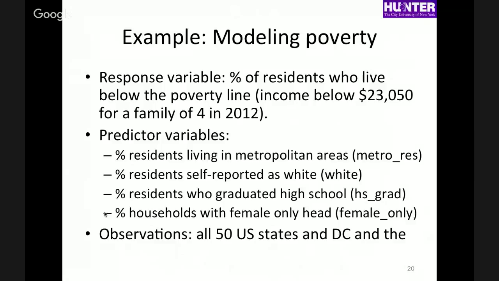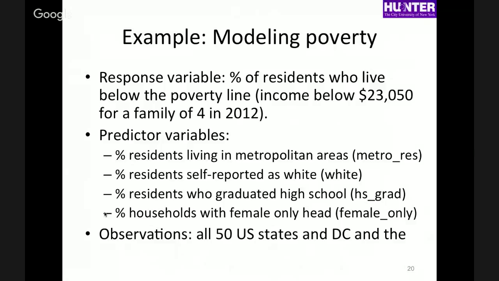What they often do is they do not provide you with individual data on individuals, but they'll provide you with data on areas, on census tracts, or zip codes, or counties.